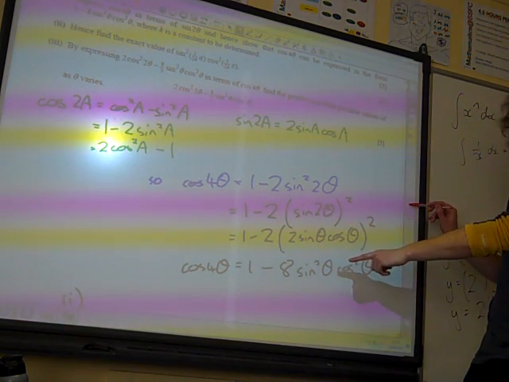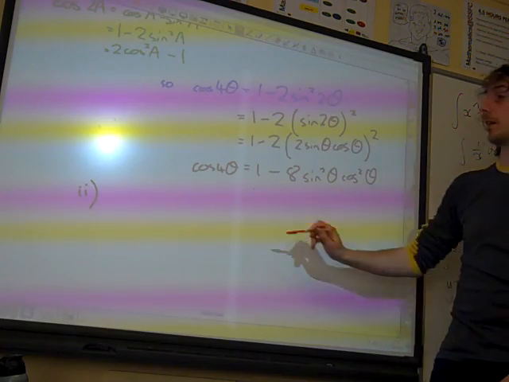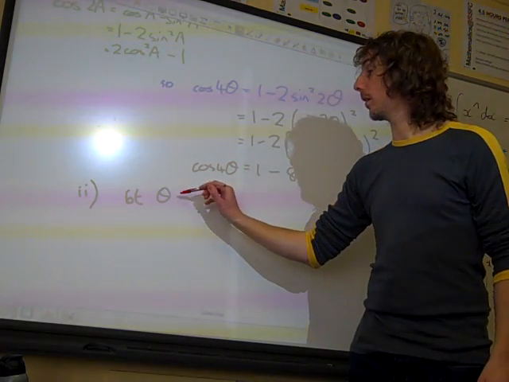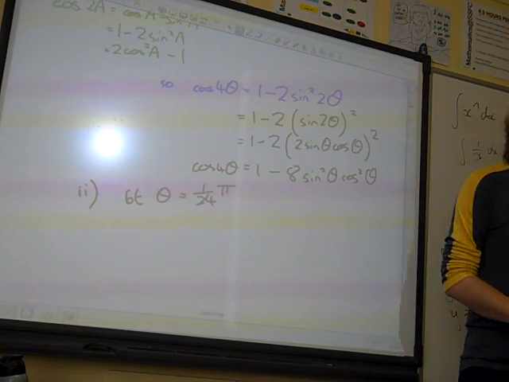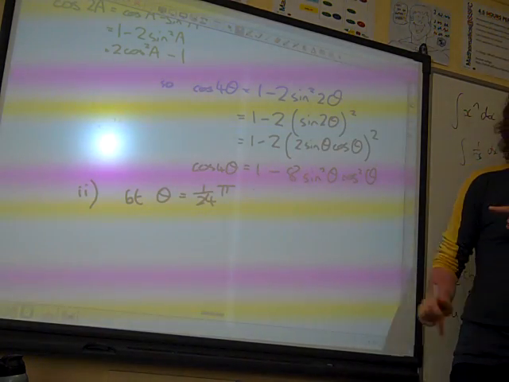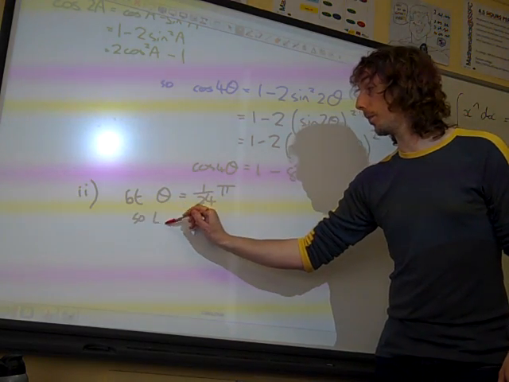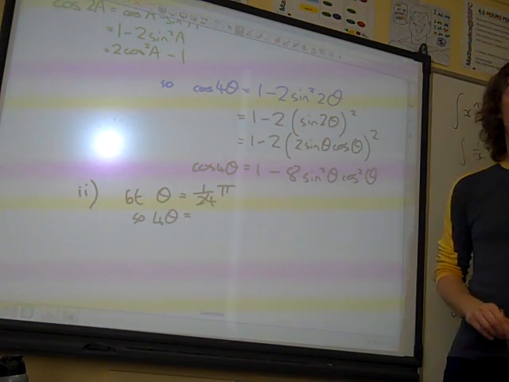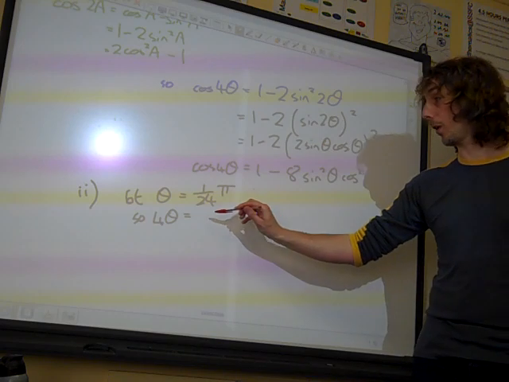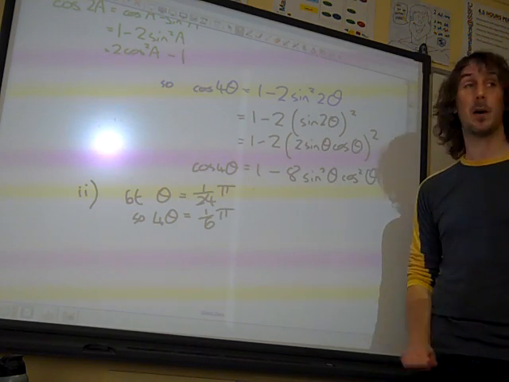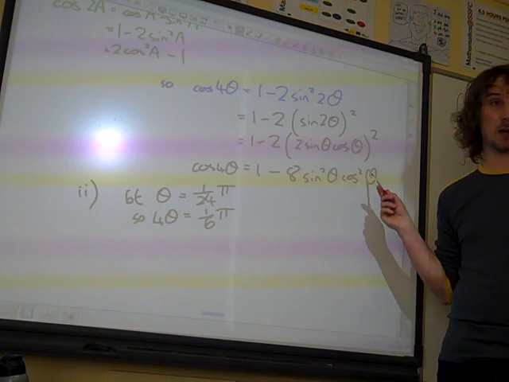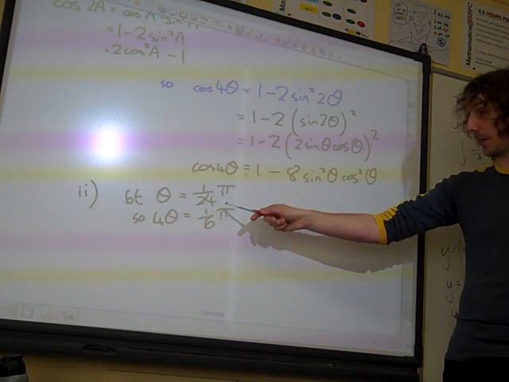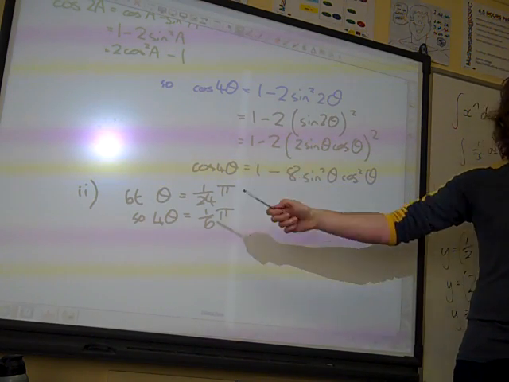So that means let's replace theta with 1/24 pi. If we do that, that means that 4 theta, times that by 4, we've got 1/6 of pi. So let's just keep working with this because we're happy with this. Sub these values into that and see what happens.